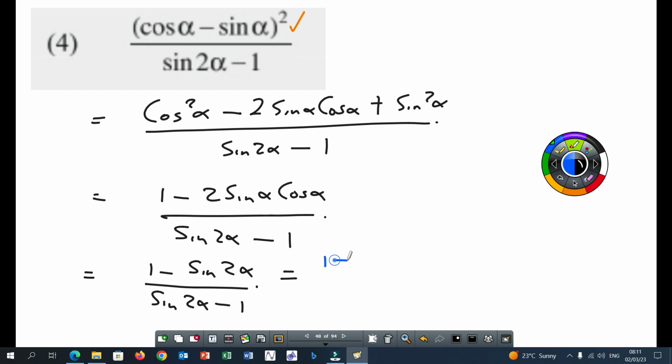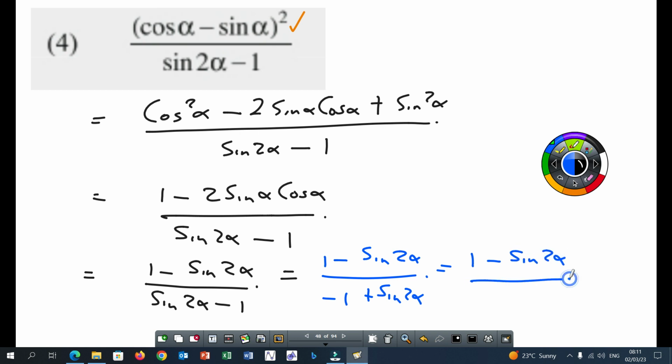So I'll write this as 1 minus sine 2 alpha divided by, if I interchange these two, 1 minus 1 plus sine 2 alpha, then I'll factor out minus 1. So I'll get minus, open bracket, 1 minus sine 2 alpha.